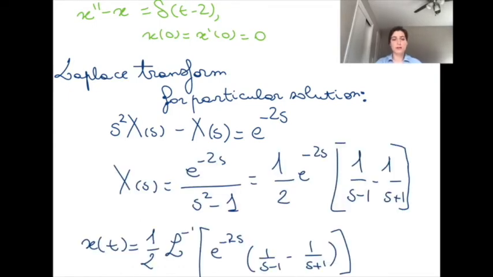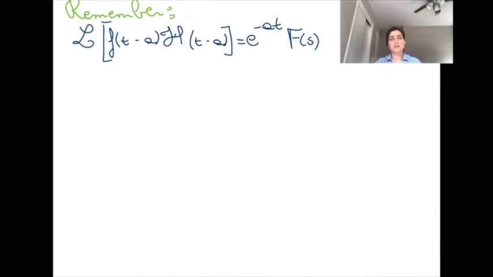With the partial fraction, we have that x(t) is the inverse Laplace of capital X(s), so it's 1 over 2 times the inverse Laplace of e to the minus 2s times our partial fraction. And here, I want you to remember that the Laplace transform of the Heaviside function times any function, with both of them shifted by t minus a, is the exponential of minus as times the Laplace transform of f.